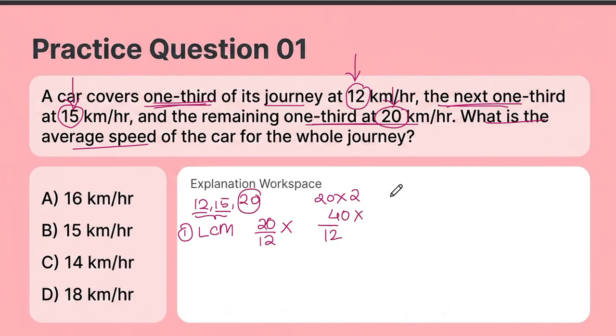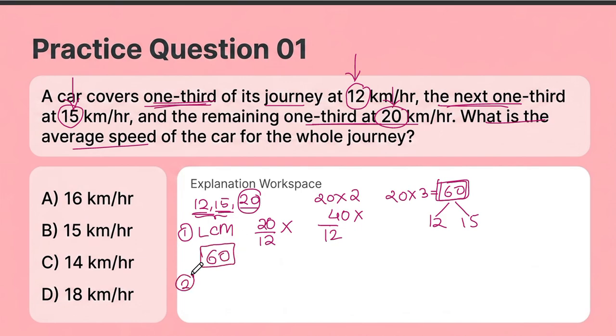No. So scale up 20 by 3, which is 60. Now 60 is divisible by 12 as well as 15. Both numbers divide 60, so we can take 60 as our LCM. So the LCM of 12, 15 and 20 is 60 by using the short trick. We got the LCM, the first part is done.